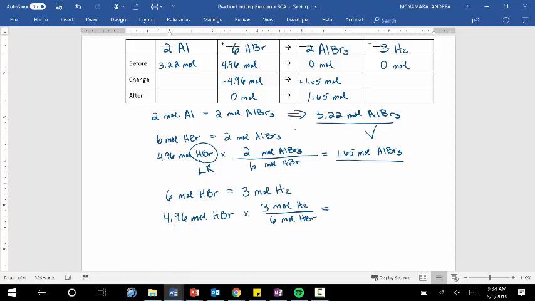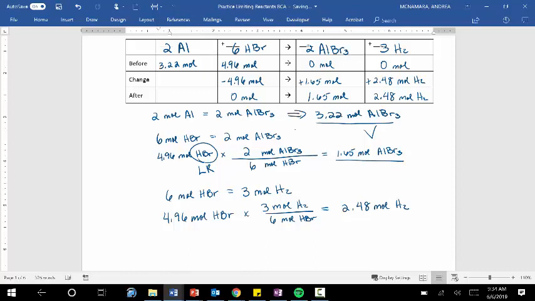And when I do that, I find that it's going to make 2.48 moles of hydrogen. So I'm going to form 2.48 moles of hydrogen, leaving me with, in the end, 2.48 moles of hydrogen. Good. Now, again, this isn't explicitly asked for in the problem, but it's always good to finish it off.